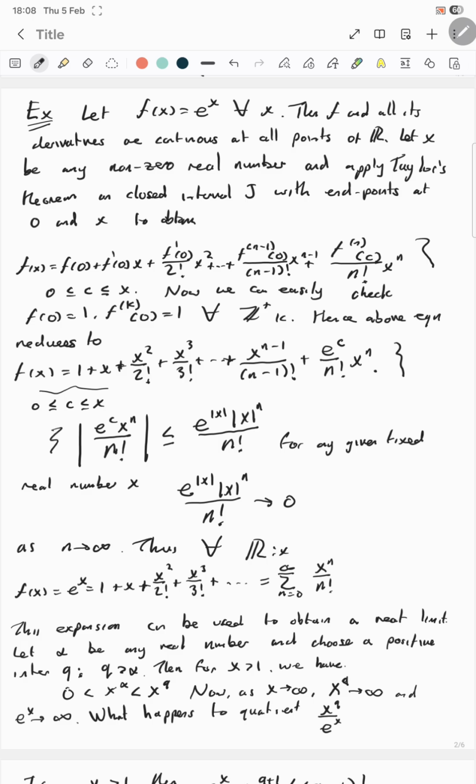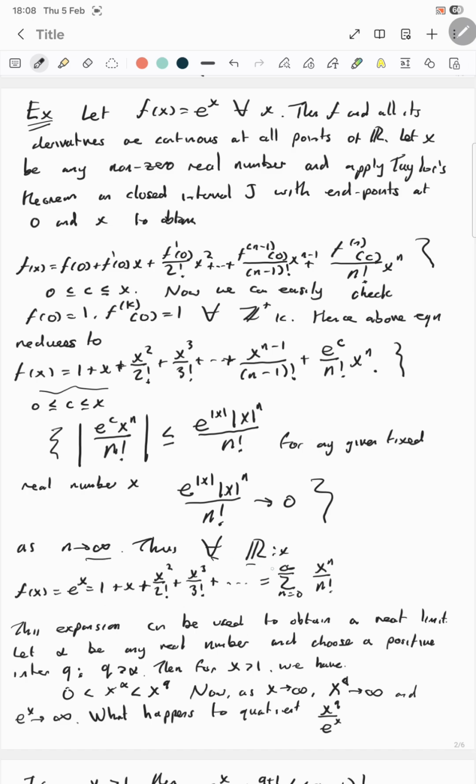Now e to the c times x to the n over n factorial, its magnitude is less than or equal to e to the magnitude of x times the magnitude of x to the n over n factorial, for any given fixed real number x, which goes to 0 as n goes to infinity.